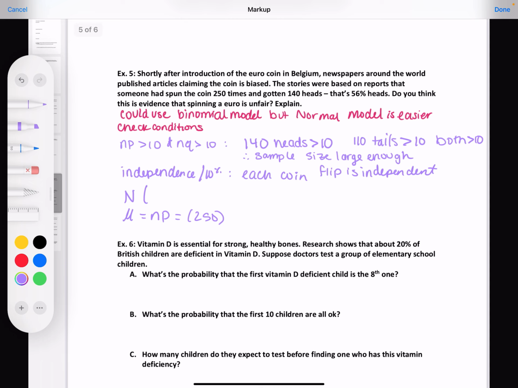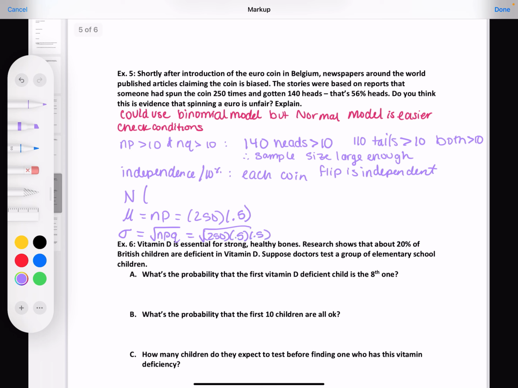If you flip a coin, the probability of getting heads should be equal to the probability of getting tails, so it's 50%. And the standard deviation is the square root of n times p times q, which is the square root of 250 times 0.5 times 0.5.